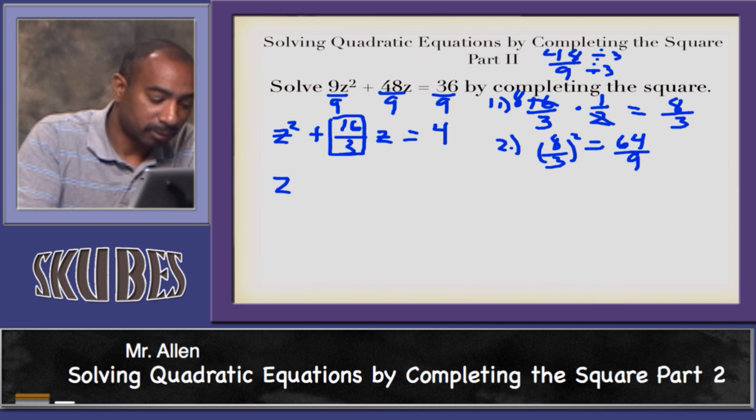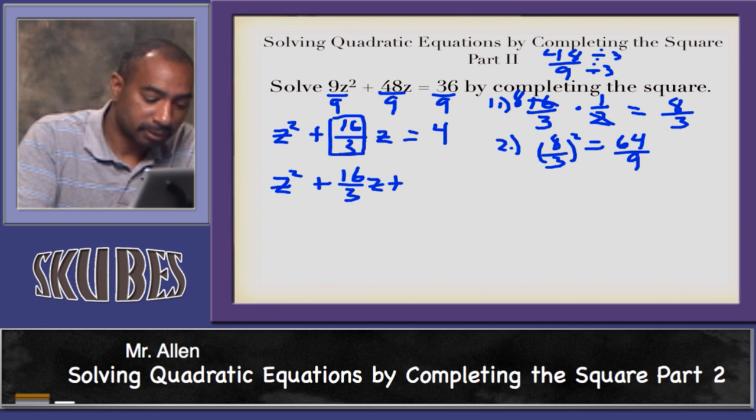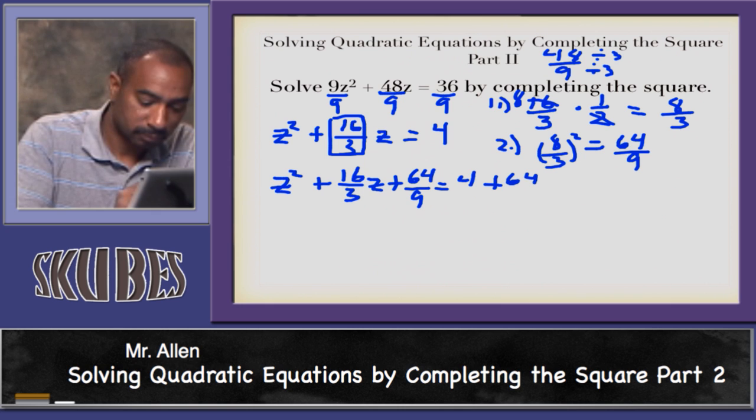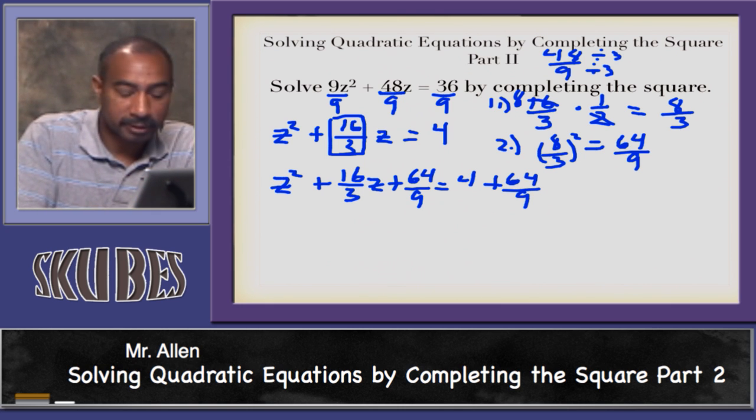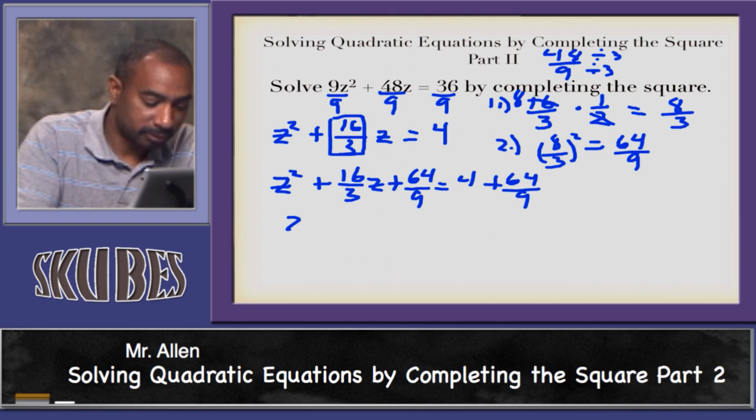So I have z squared plus 16/3 z plus 64/9. But I have to add 64/9 to 4. Or I can write this expression as a square. I'm going to put z plus 8/3 squared.